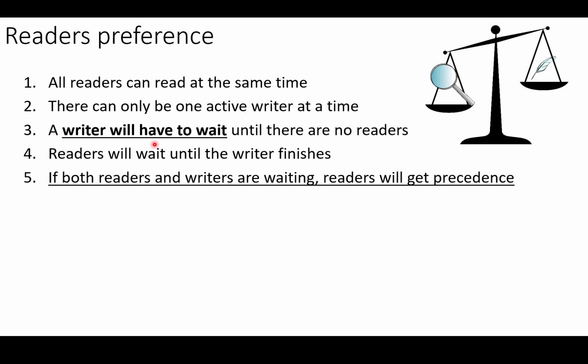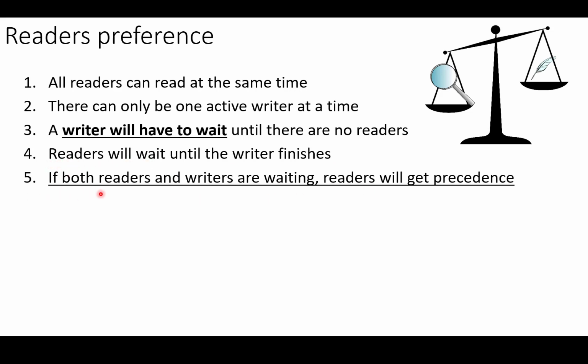And in this case, a writer will have to wait until there are no active readers. That's also sort of given through all the solutions. And a reader will wait until the writer finishes. So if a writer is currently writing and a reader wants access, it will have to wait.